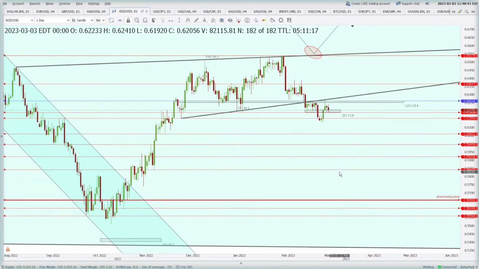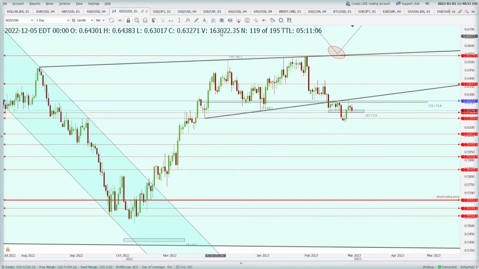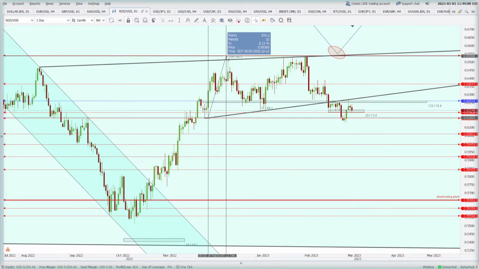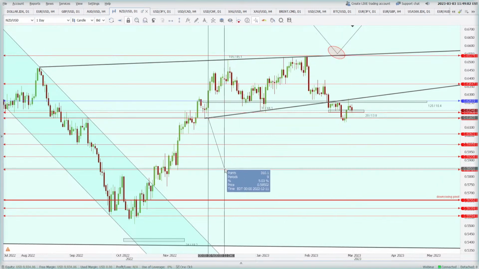Just now we have bottomed, we have broken a double top here, and now this is acting as a resistance. That's fine, but what is the possible target of the double top? Well, this was the double top, this was the height, it's 376 points.